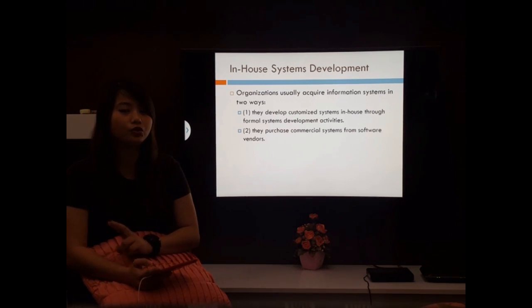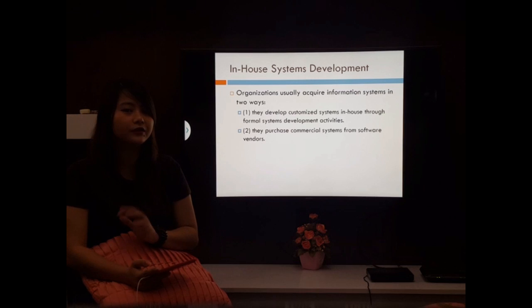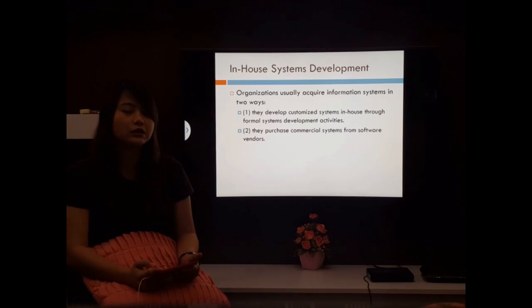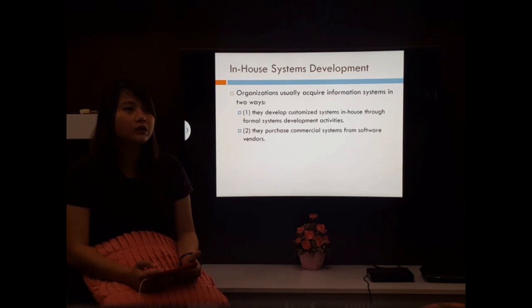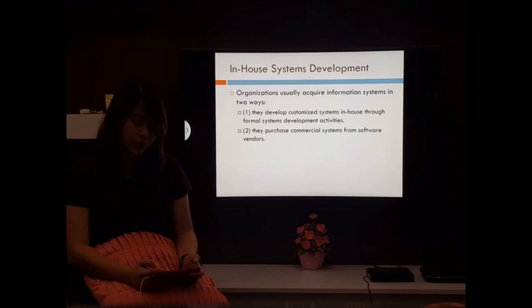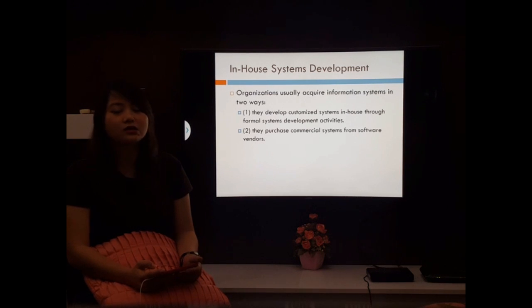However, they are not mutually exclusive options. Some firms purchase commercial information systems to satisfy their information needs, while others develop the systems in-house. However, in SDLC, it is not always a success story.